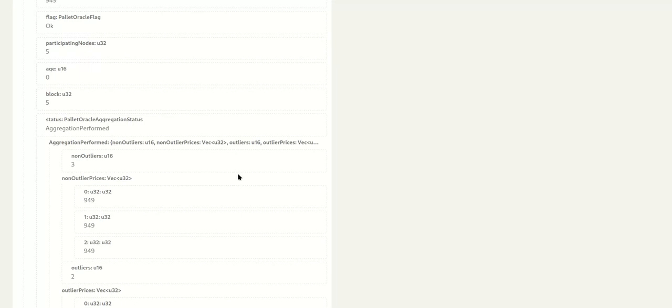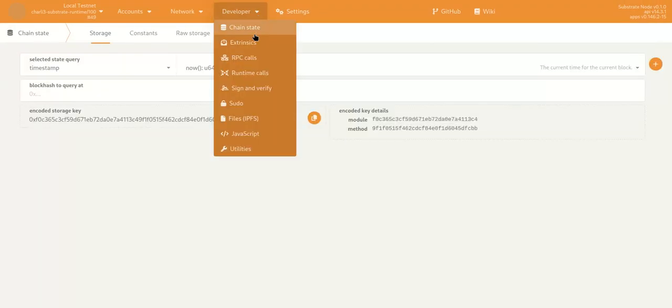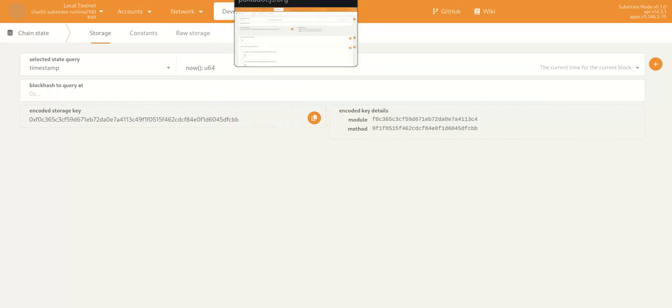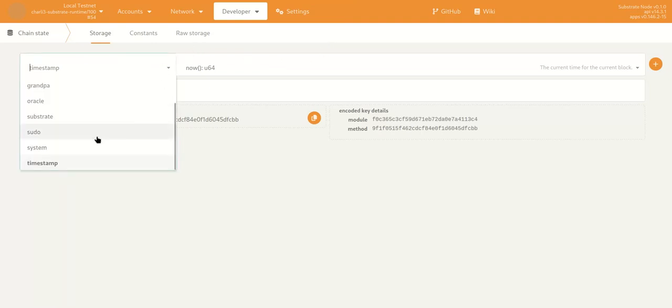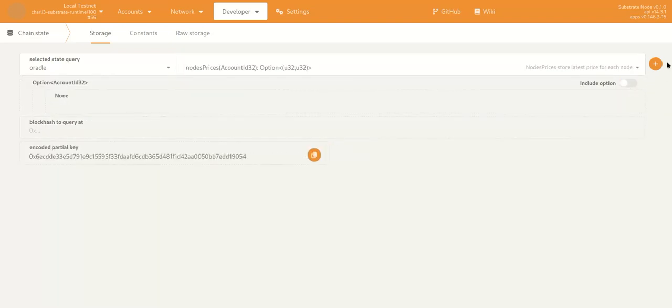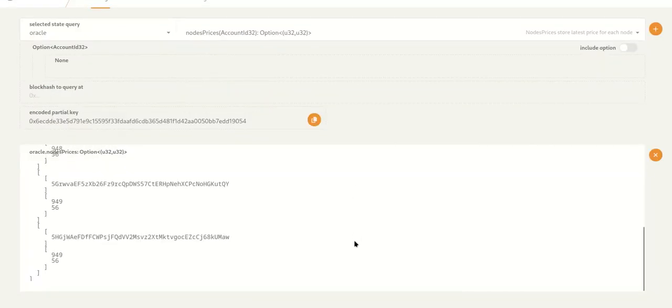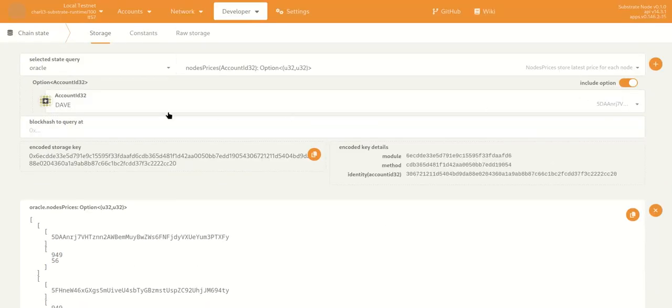So as we mentioned, the state transitions modify the storage. So now we can take a look at that using the portal. We can go to Developer Chain State. For example, we can query the storage map for the nodes prices, and we can query it in general to see the prices that all of them provided, or you can query for a specific account.